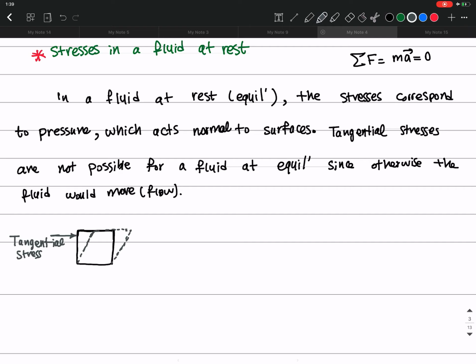So first it becomes like this, and then it becomes like this. So it just keeps moving, and it deforms continuously under a tangential stress.